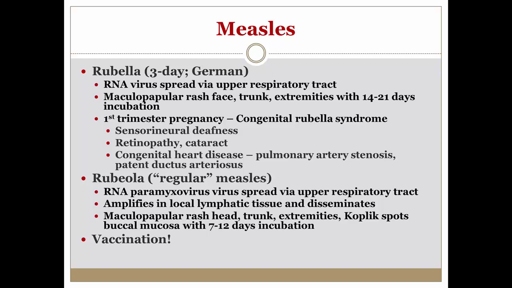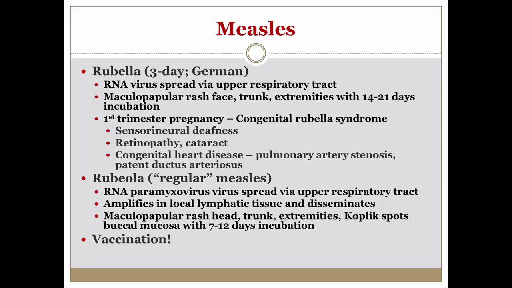The manifestations and negative pathophysiologic effects in the fetus may include sensory neural deafness, retinopathy and/or cataract development, and congenital heart disease. Many of the children may have a pulmonary artery stenosis, they may have patent ductus arteriosus, or may have valvular defects.